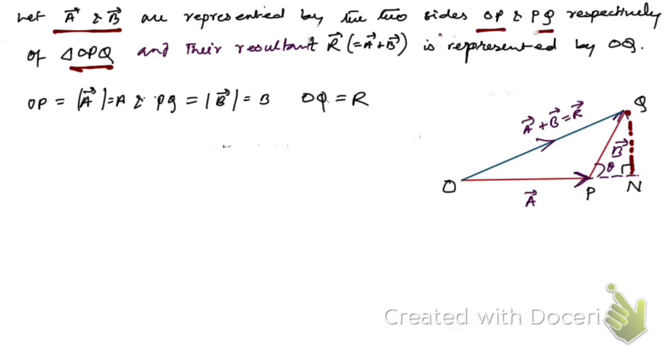And the angle between these two vectors is theta. So let us take theta as the angle between the two vectors. Then QN is perpendicular to extended OP.